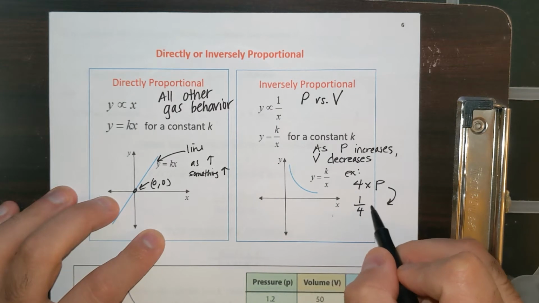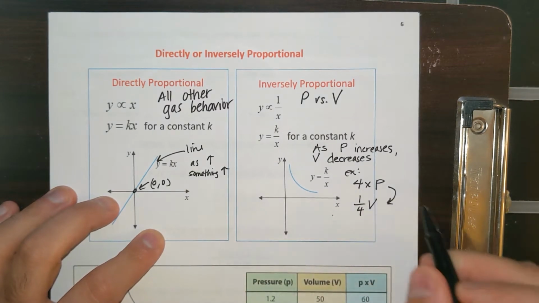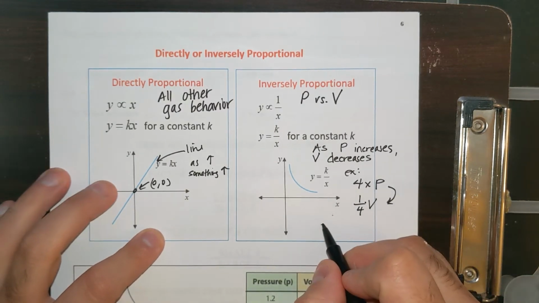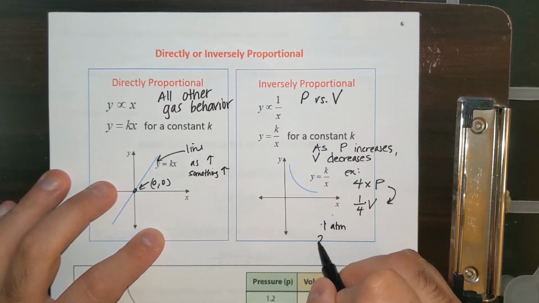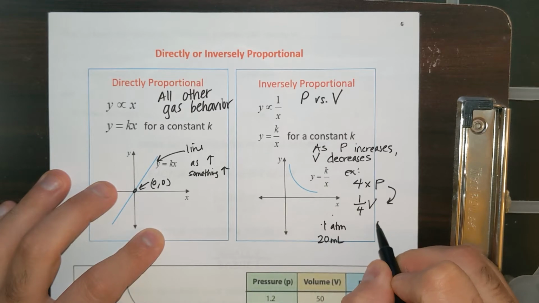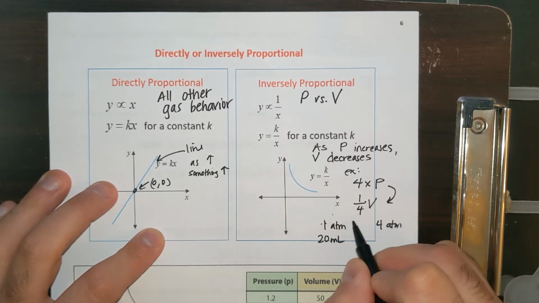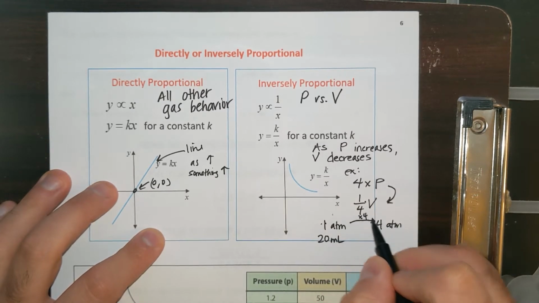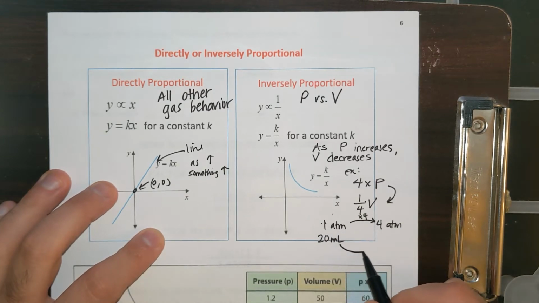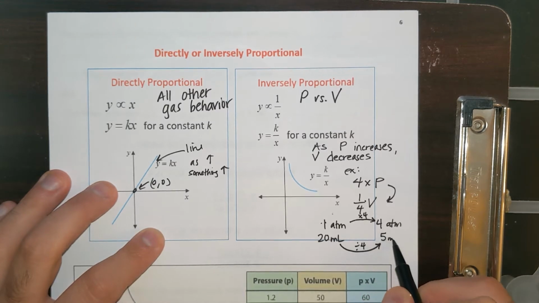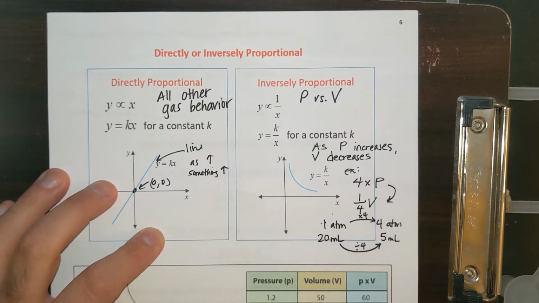My volume would be 1/4. So if I had a pressure of 1 atmosphere and the volume was 20 milliliters, and then I turned the pressure to 4 atmospheres, well, if I'm quadrupling my pressure, I'm doing the inverse or opposite, dividing by 4 to my volume. And so that is how those will go together.